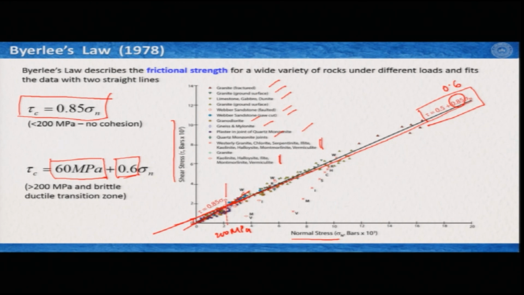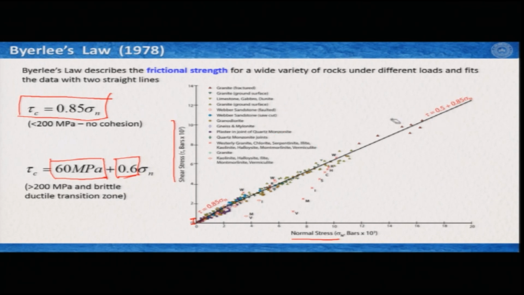Now, you can also see that there are some rocks or some minerals which do not agree with this plot, and these are these rocks. If we see, these are mostly serpentinite, illite, kaolinite, halloysite, montmorillonite, vermiculite, and so on.